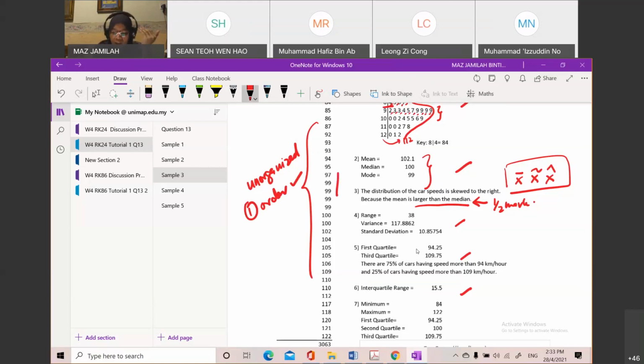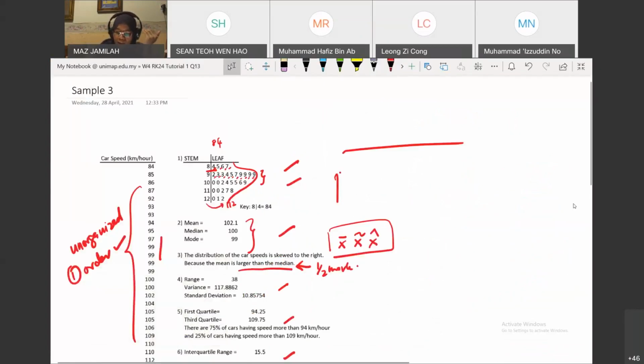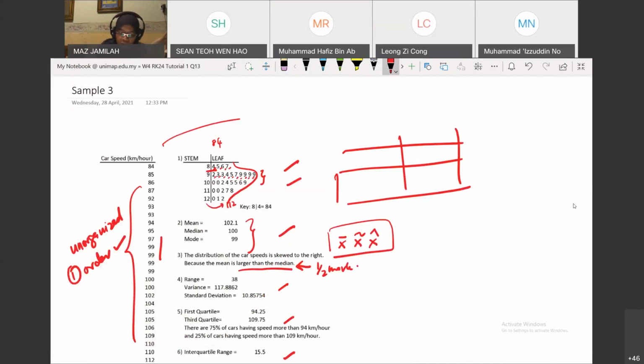And from this, you can come up with a stem-and-leaf plot. In fact, you can come up with a table to represent your data. So if I transform into what we call grouped data, what do I have here? It will still be speed, but it will be in terms of boundaries.